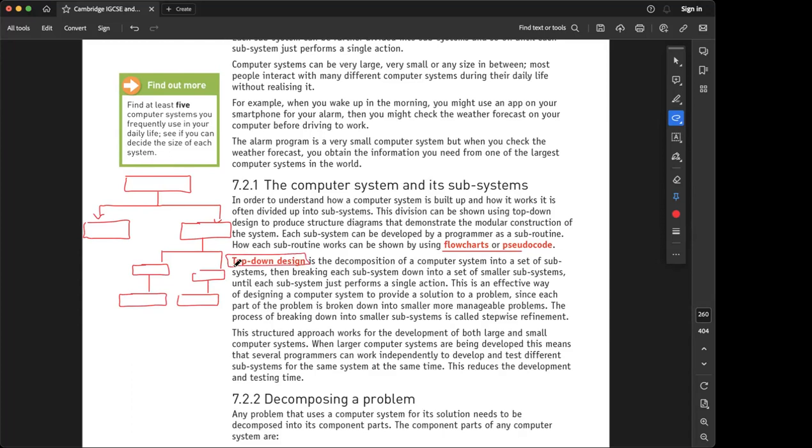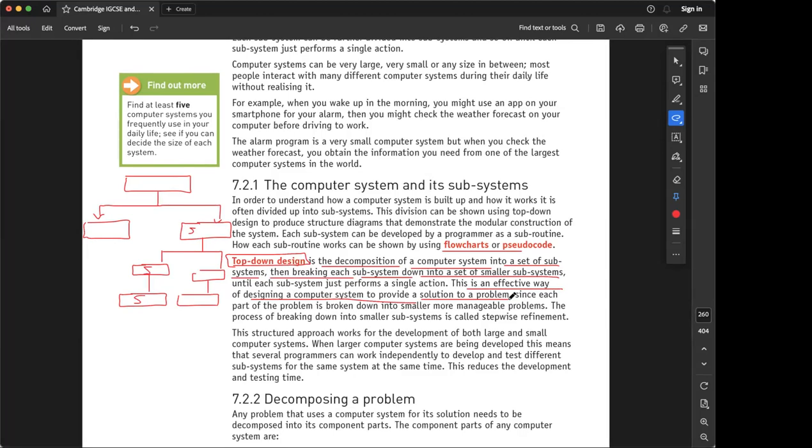Top-down design is a decomposition of a computer system into a set of subsystems, then breaking each subsystem down into smaller subsystems. So this is a subsystem, again this is a subsystem, again this is a subsystem. Breaking down the system again and again into subsystems is an effective way of designing a computer system to provide a solution to a problem.